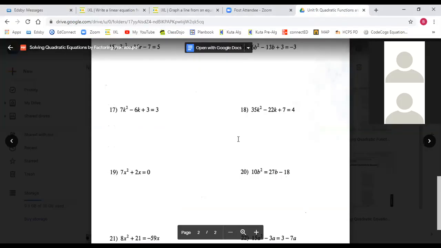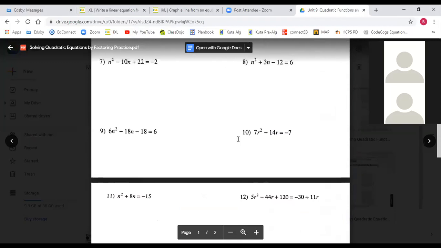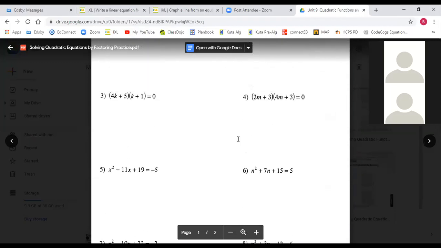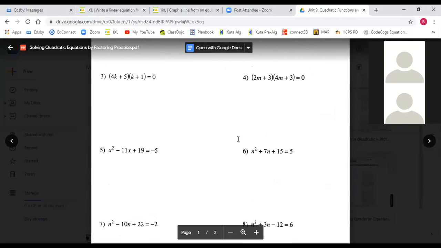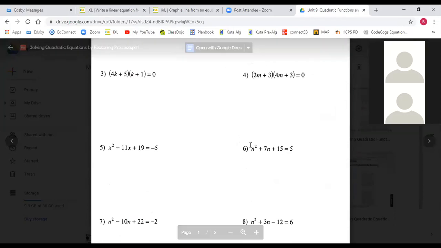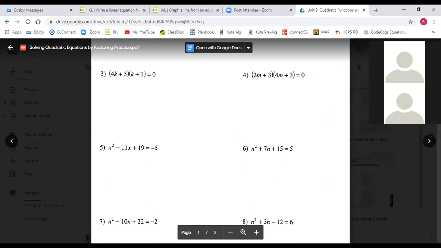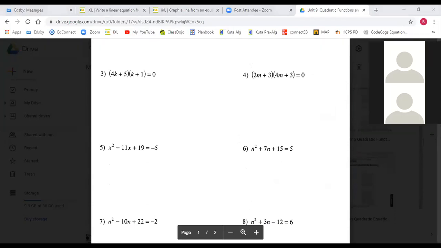All right. So let's get into this worksheet and talk about it. Let's go back to our worksheet here. What I want to do is a couple of these from the other side real quick before we get into any of the ones on the other side.